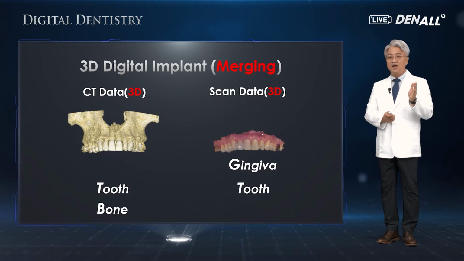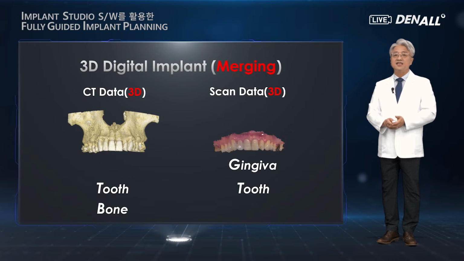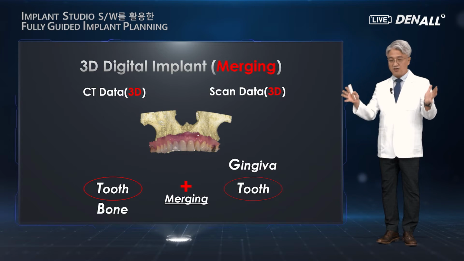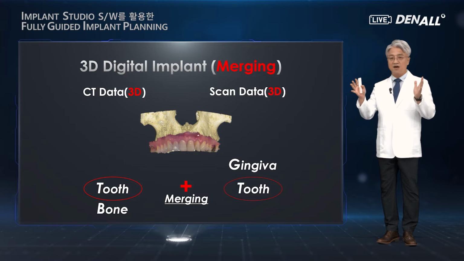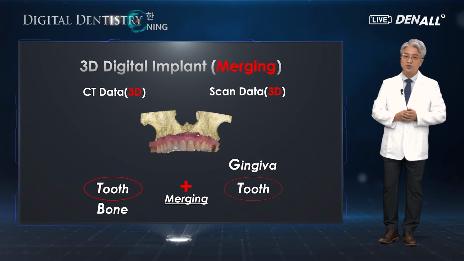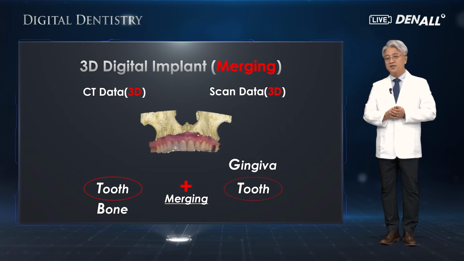CT and intraoral scan data need reference points to be merged. That's the teeth. So using the teeth, they are merged to produce the patient's anatomic situation to be used in the virtual world. So merging is the most important thing.